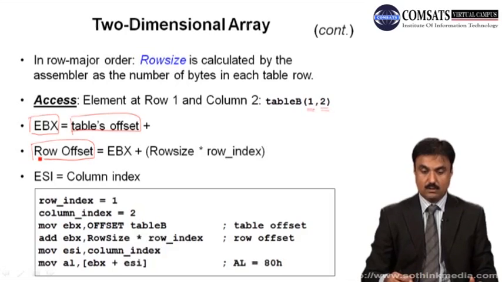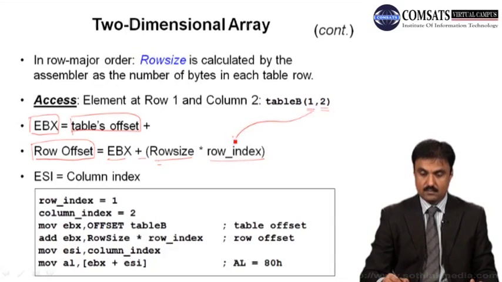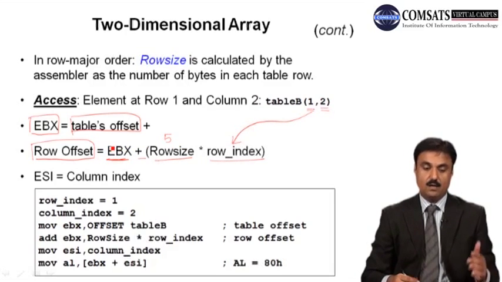So how can we calculate the row offset? That is EBX plus row size multiplied by the row index. Row size is, for example, 5, so 5 multiplied by 1, and then we add EBX, the initial address.